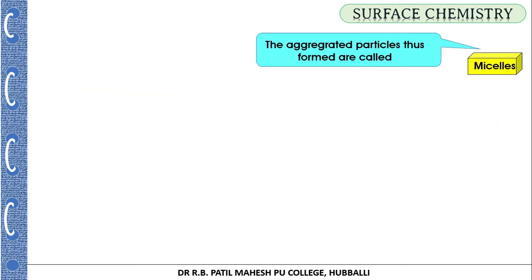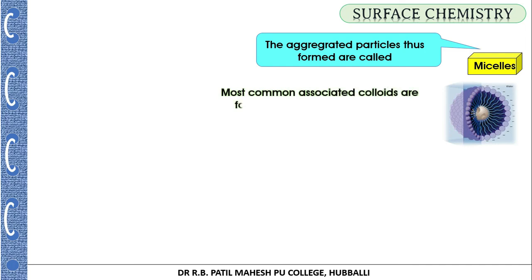In the case of soaps and detergents, students, it is applicable to soaps and detergents. So this is a diagram related to micelles that we are once again discussing. As I told, the most common associated colloids are formed from soaps and detergents.